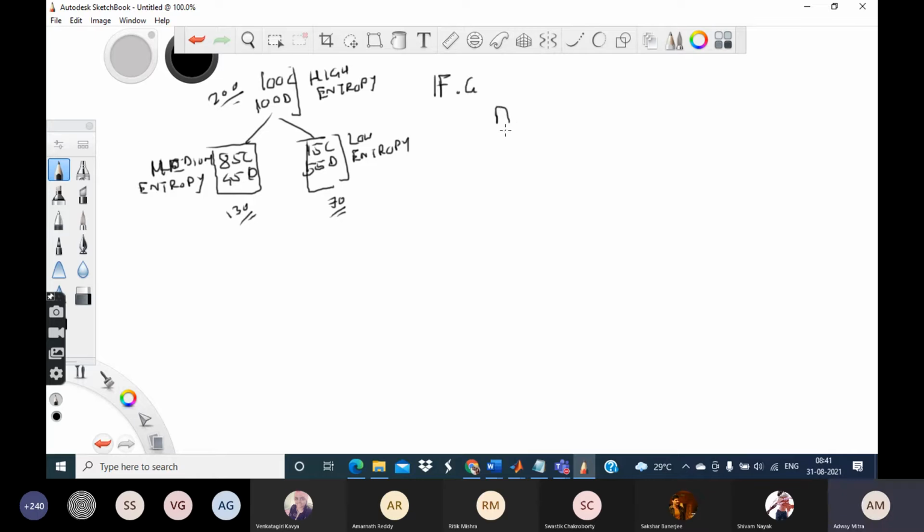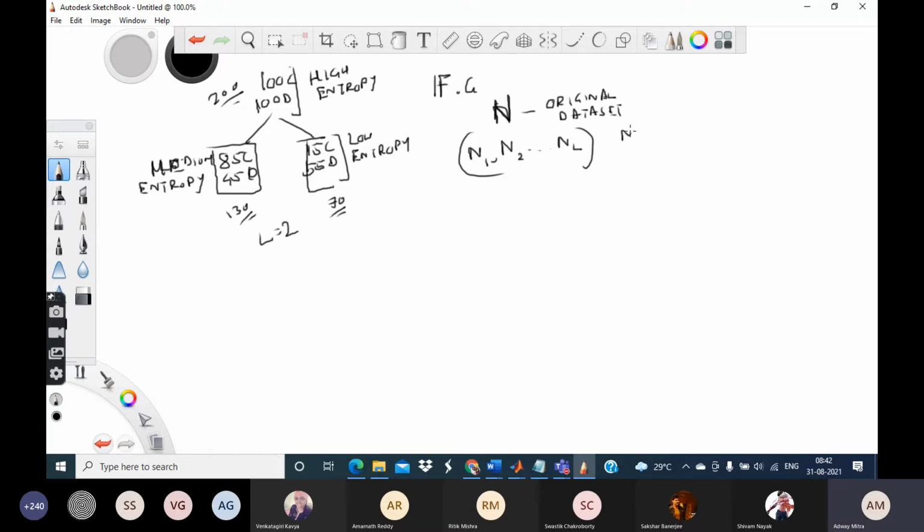Let us say capital N is the size of the original data set. With the help of a feature, I have divided it into, let us say, L number of subsets, N1, N2 up to NL. In this case, of course, L equals 2.